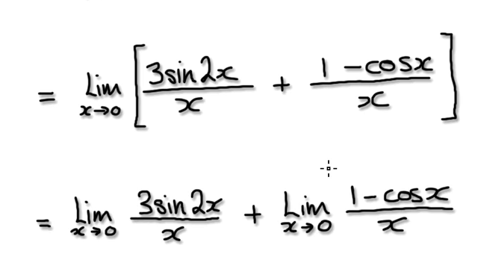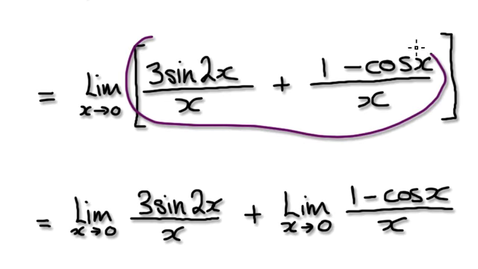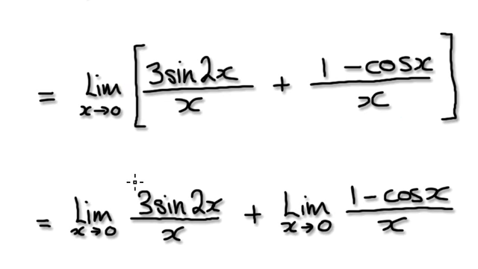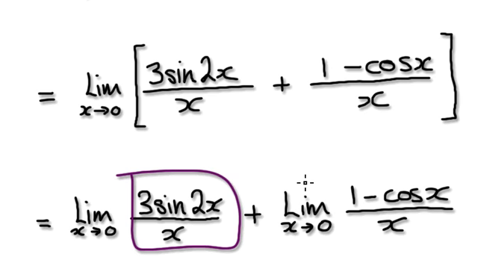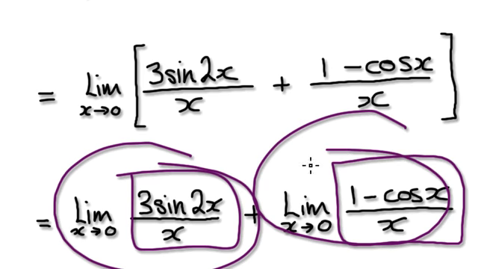Well, anyway, then this you can break into here. So finding the limit of this whole thing is the same as finding the limit of this, then finding the limit of this, and then just adding the two together.